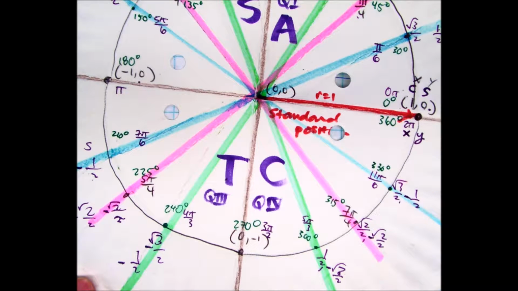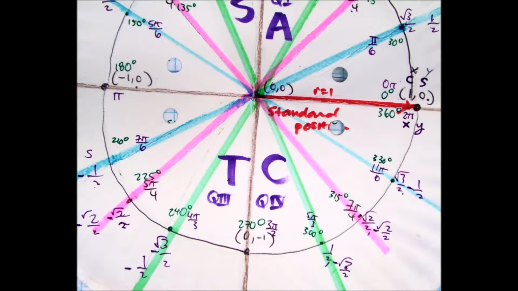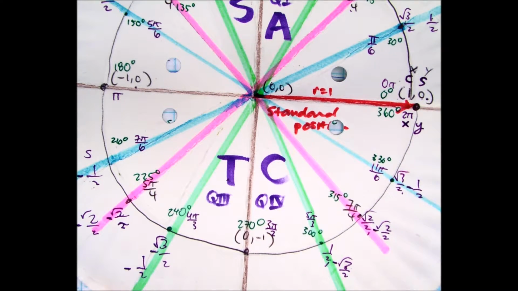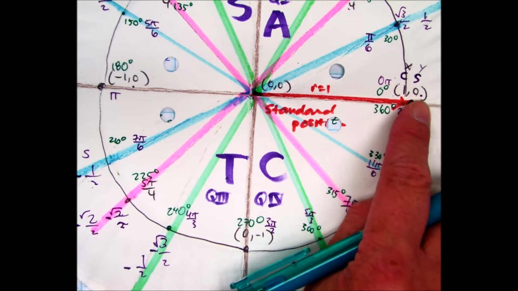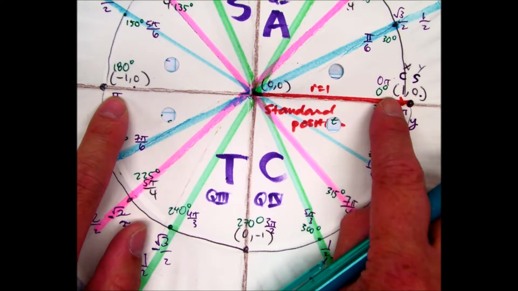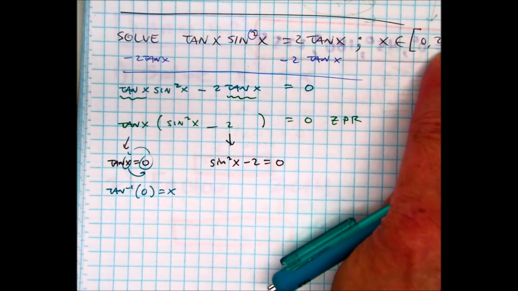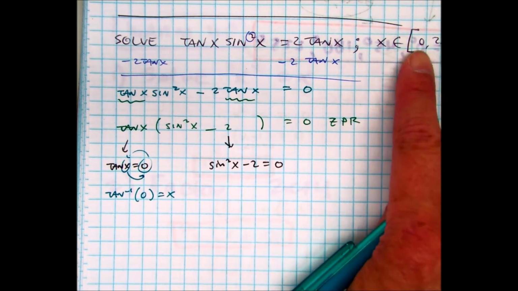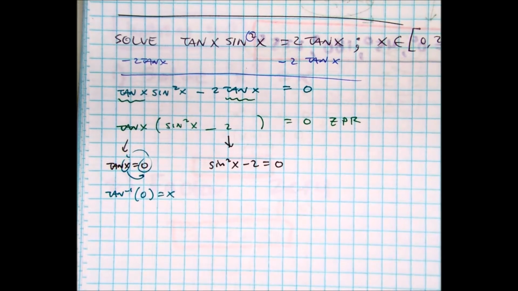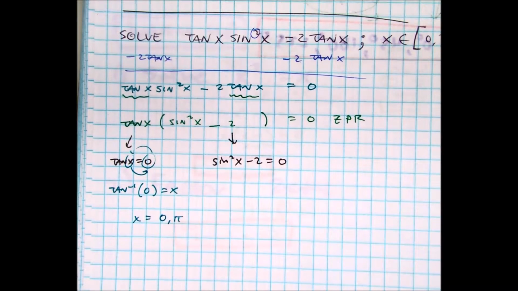Where is that? 0 and pi, right? Because it's 0 divided by 1, 0 divided by negative 1 gives you a 0. And we had said that we're not going to include 2 pi because it's coterminal with 0. So we're going to write down x equals 0 and pi.